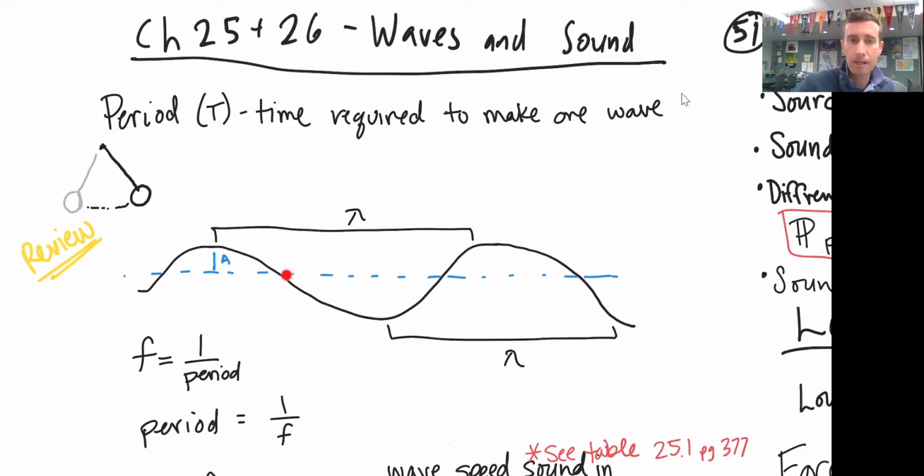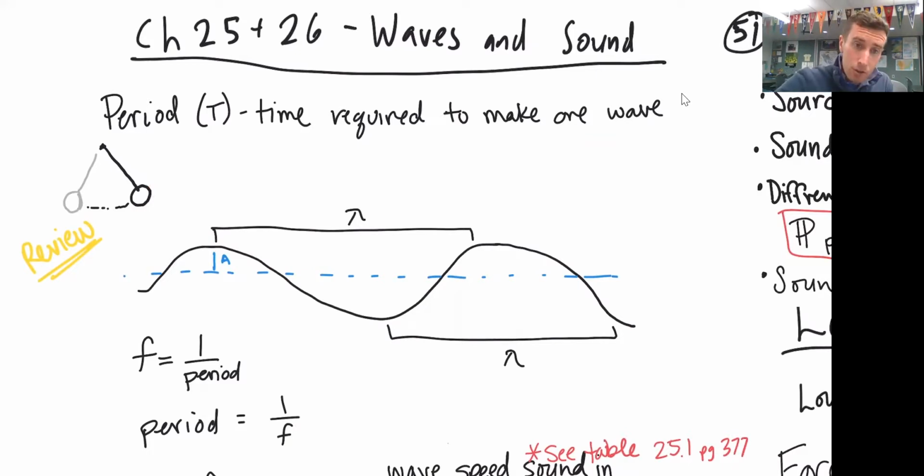So it'd be from here going down over to here going down, or midpoint going up to midpoint going up. In any case, one full crest and one full trough is one wavelength. Another way of conceptualizing it is the amount of space from here all the way over and then back again, right? It would be one wavelength.